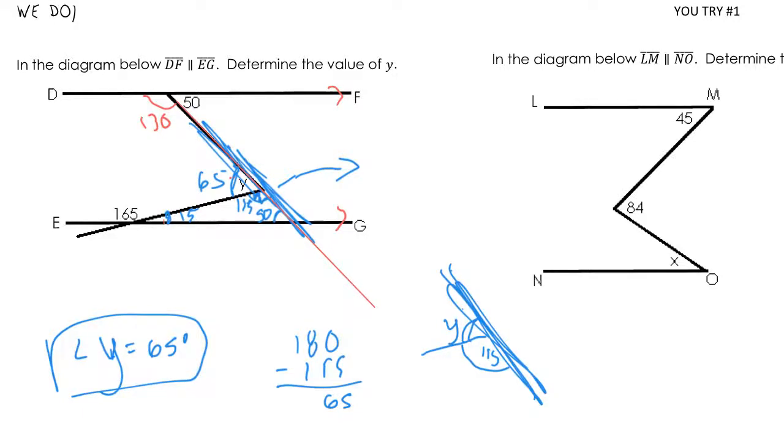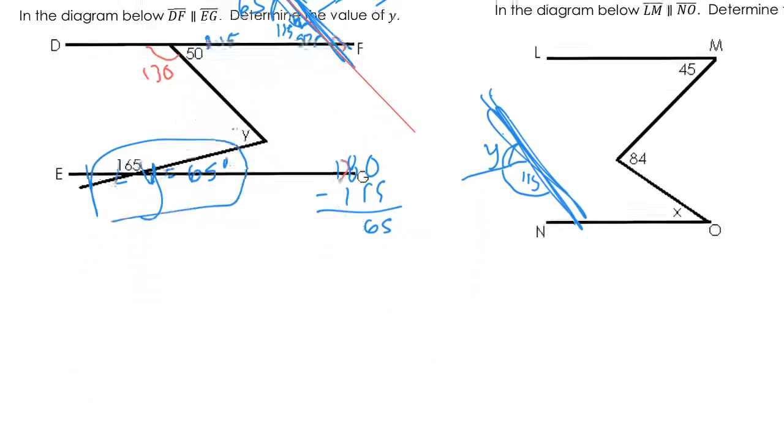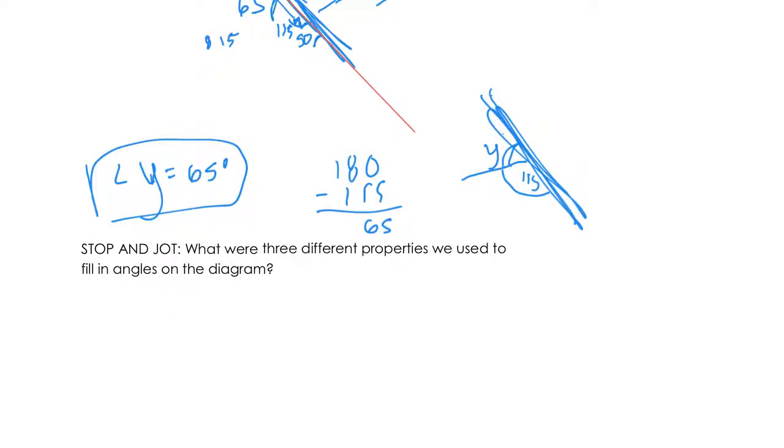So our key here is we want to extend a line to create a transversal. And then we can use things like corresponding angles on the transversal. We could use alternate interior angles to fill in missing angles.